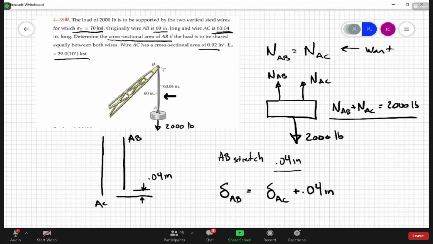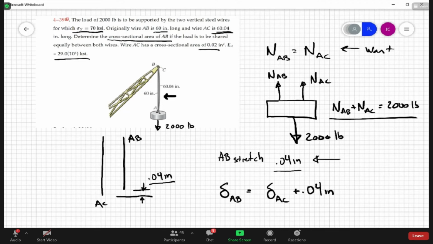So I'm going to do another thought experiment, okay? Let's look at this sort of condition, right? If at the point where wire AB stretches 40 thousandths of an inch and wire AC has not stretched at all, does this equation hold?